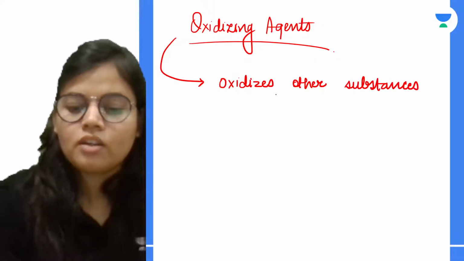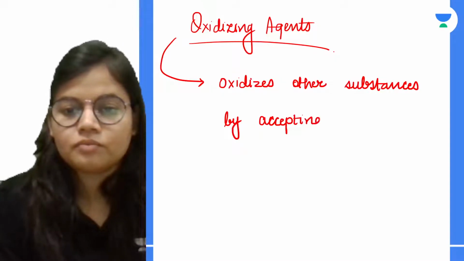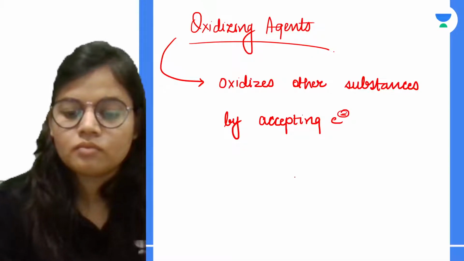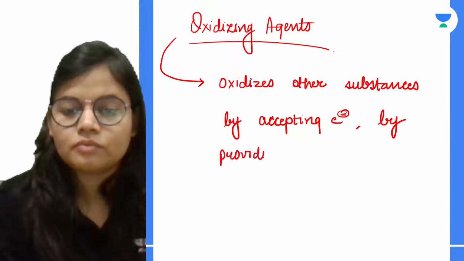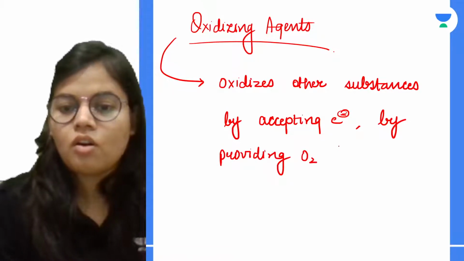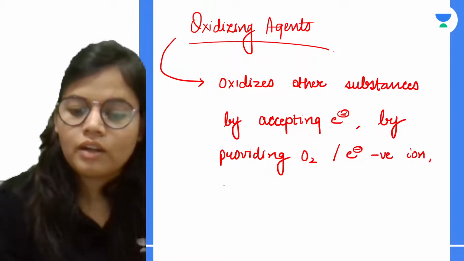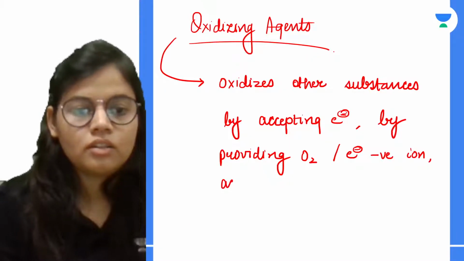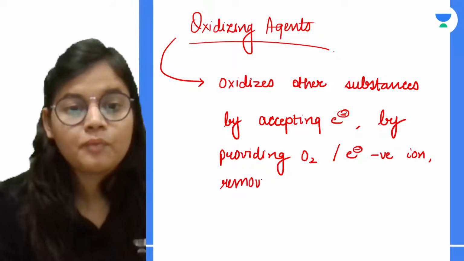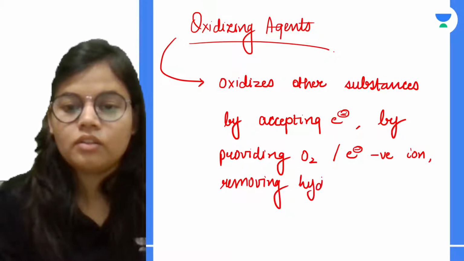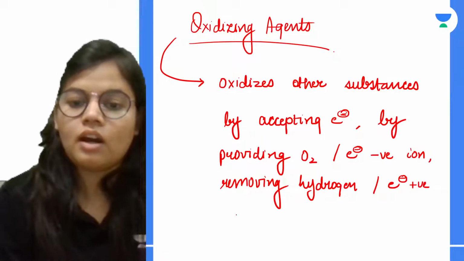And how is it doing? By either accepting electrons, or by providing oxygen or electronegative element or ion, or again by removing hydrogen or electropositive ion.